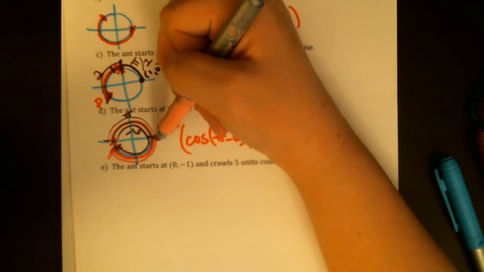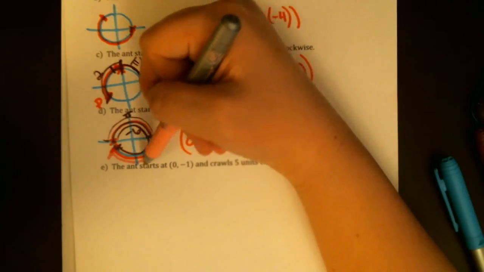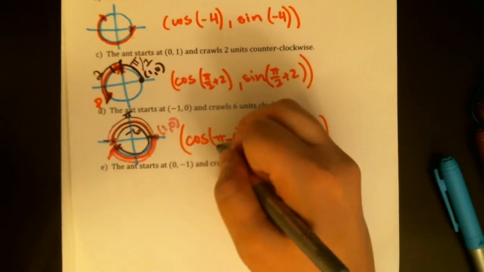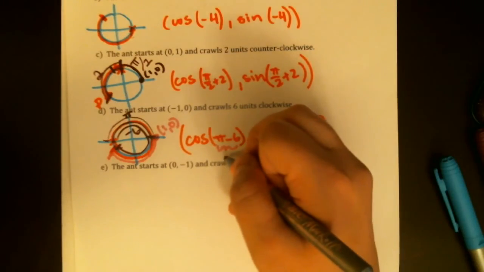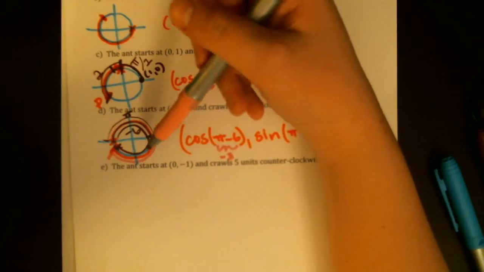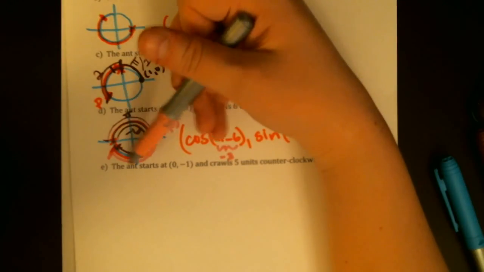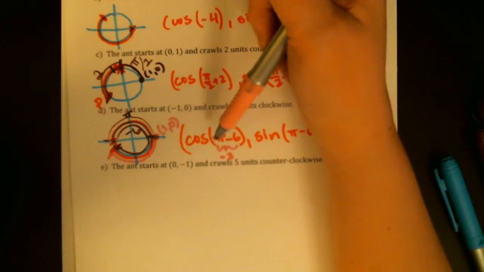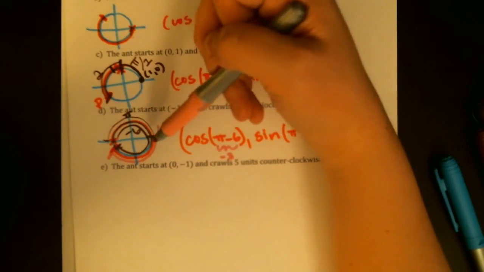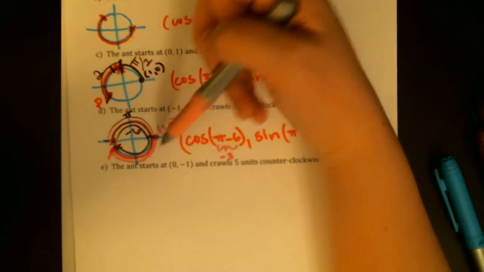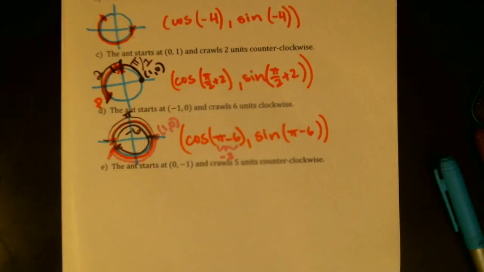So really all we have to do to go pi - 6 is to head down this way. Another way to think about this is 3.14 minus 6. So it's in the ballpark of -3, not exactly, but in the ballpark of -3. So here's what we're seeing: pi - 6 does not really mean go here and then all the way back. It means from here, go the distance pi - 6, which is roughly -3.